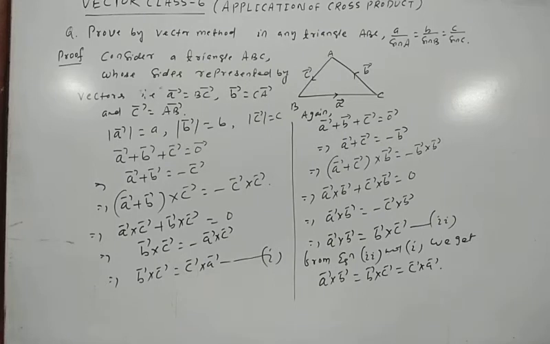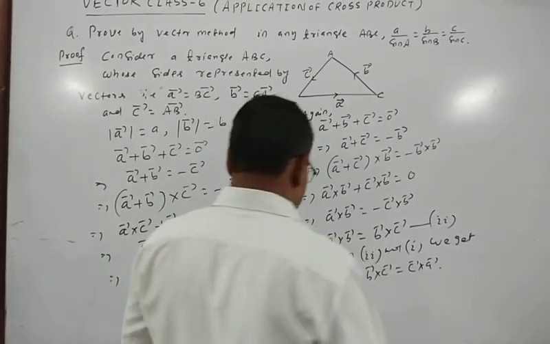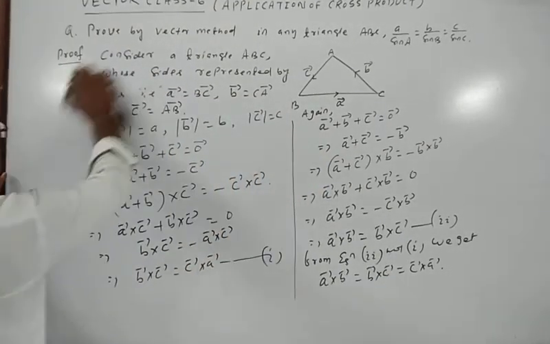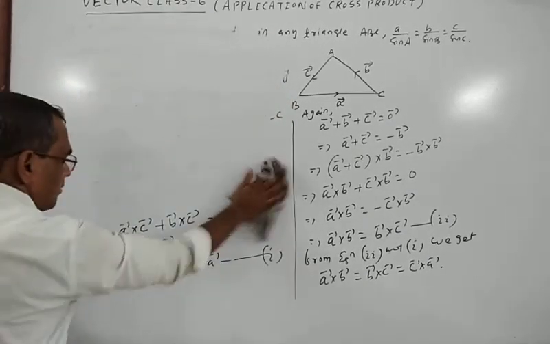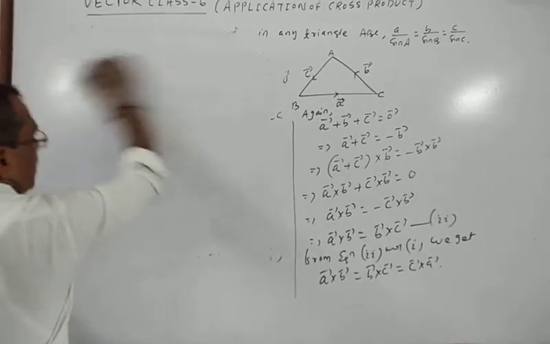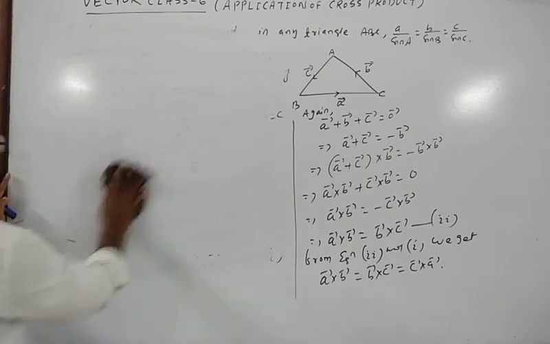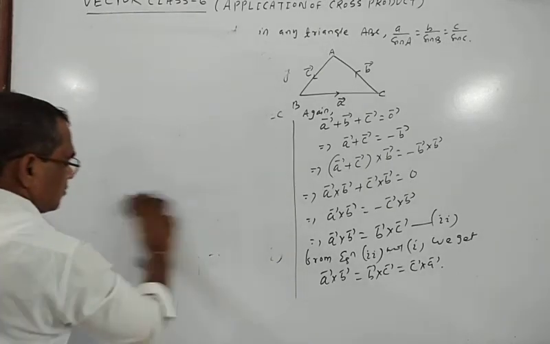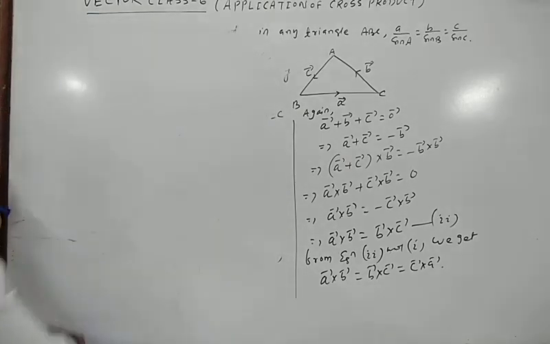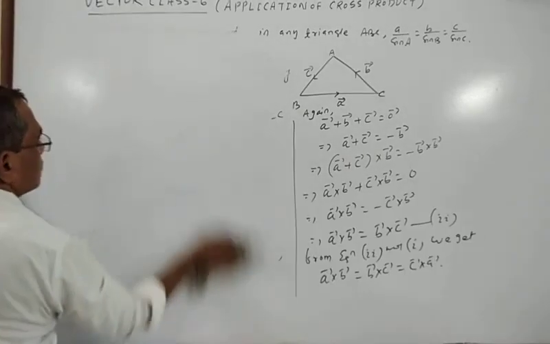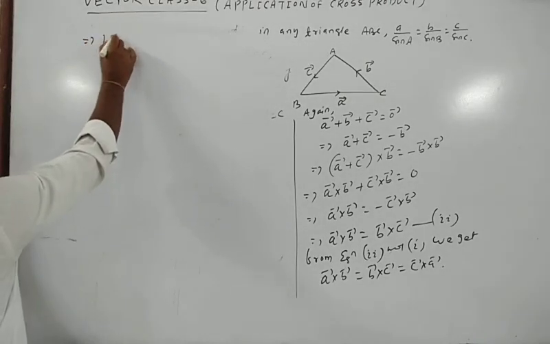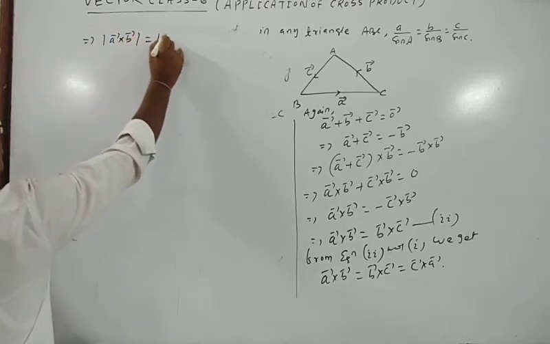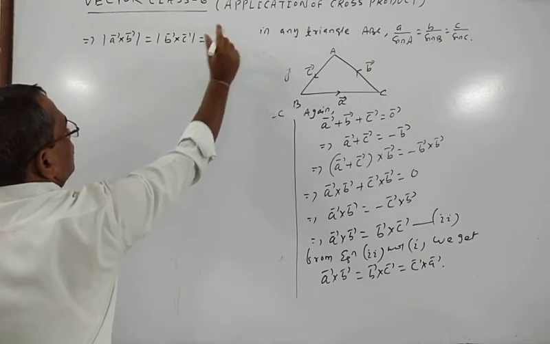That implies the magnitude of a vector cross b vector is equal to the magnitude of b vector cross c vector is equal to the magnitude of c vector cross a vector.